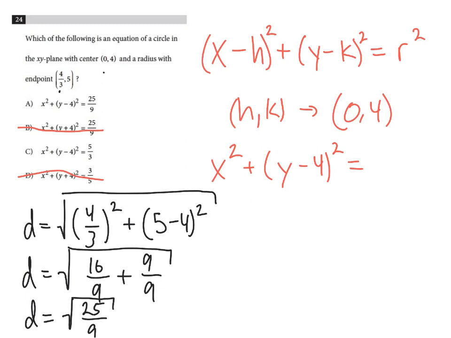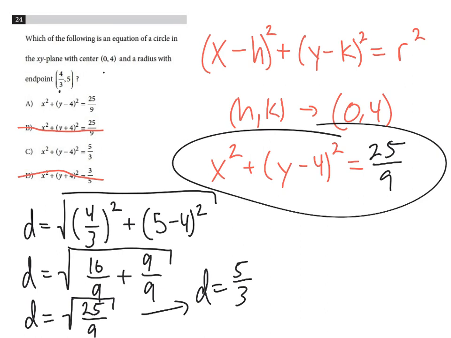Denominator stays the same, 25 ninths. Okay, well then that's going to equal d, or in this case the radius is going to equal 5/3. Oh, well, I didn't even need to take the square root, right? I want the radius squared. Well, radius squared in this case is going to be 25 ninths. Okay, and that means that our answer is going to be A.